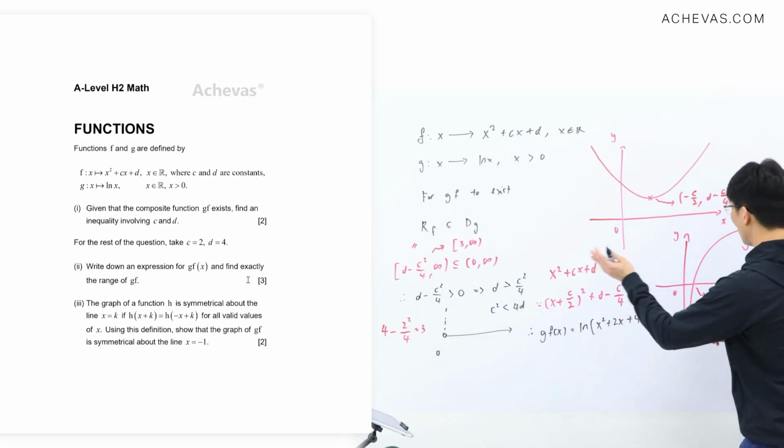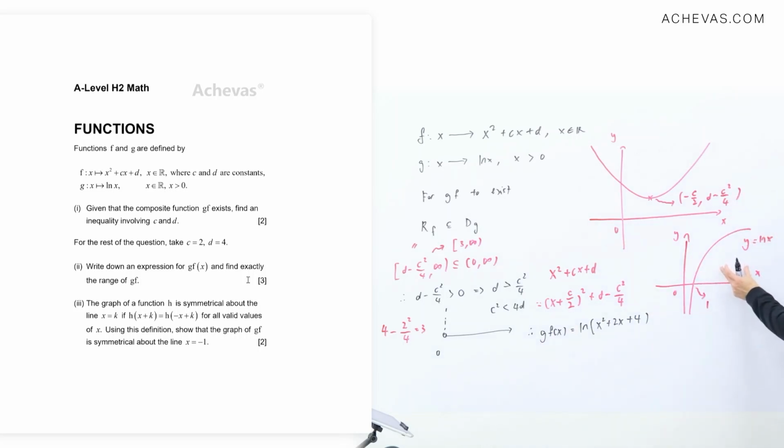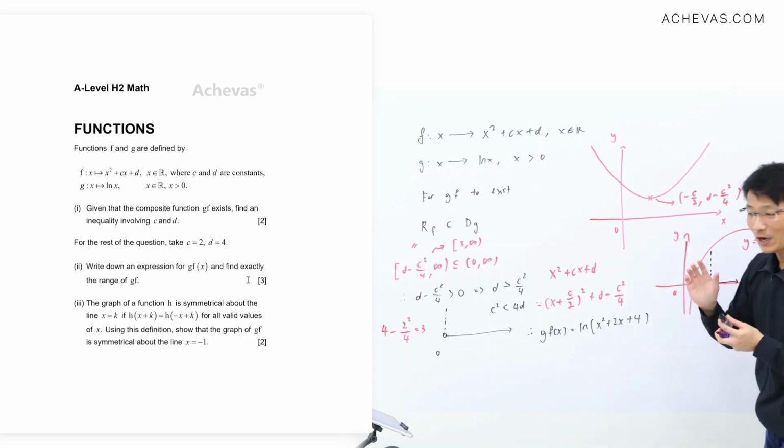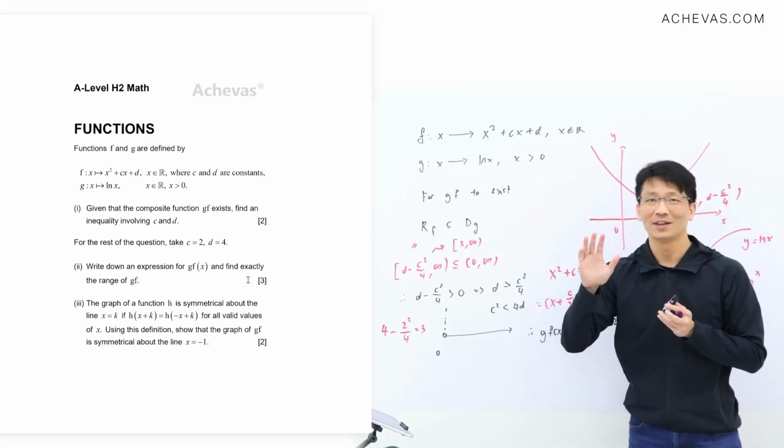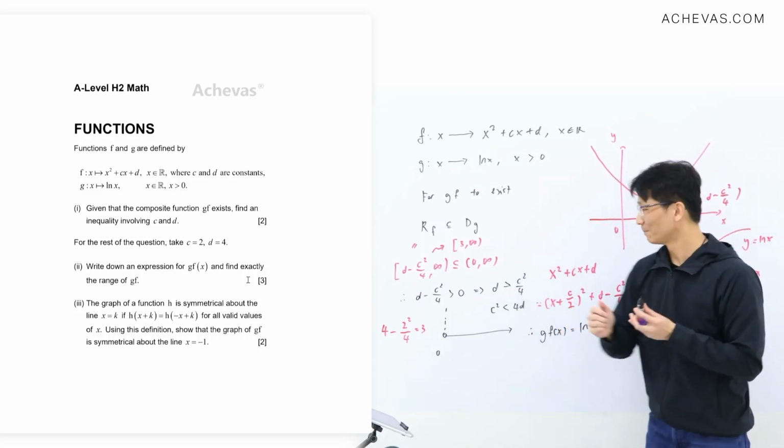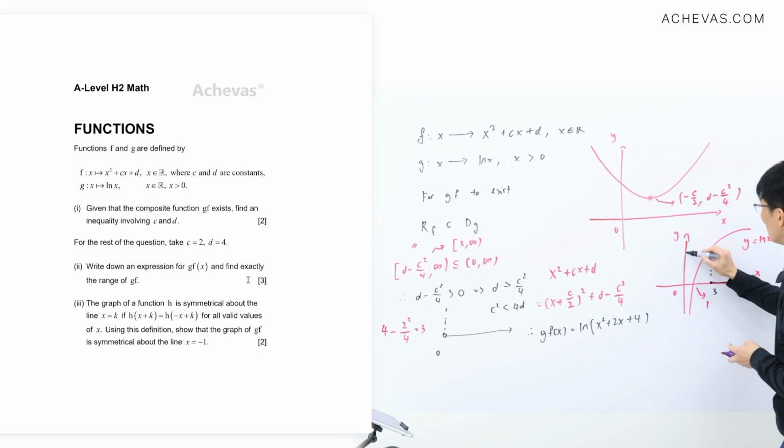This range will be fed into the domain of this outer function, which is my g. I will be pasting 3 to infinity here. By looking at this new domain, I will just look at what is the new range that it takes. That new range that it takes will just be the range of the composite function. Subbing 3 into my function of ln x, I'll get ln 3.